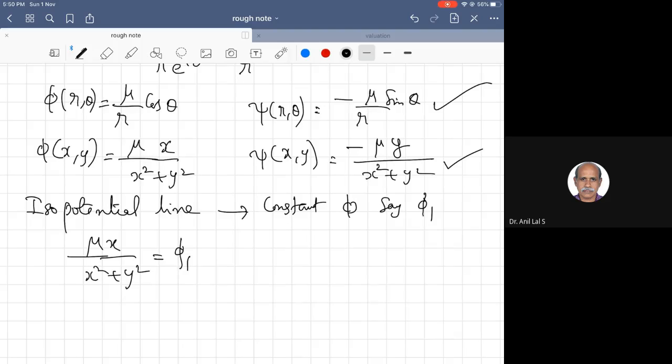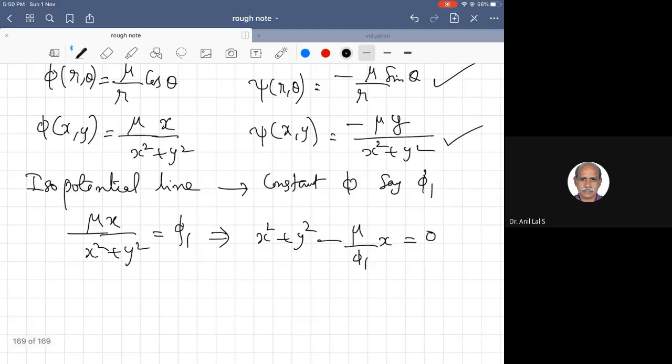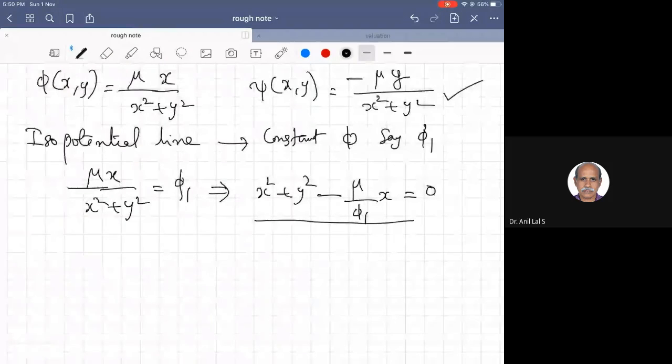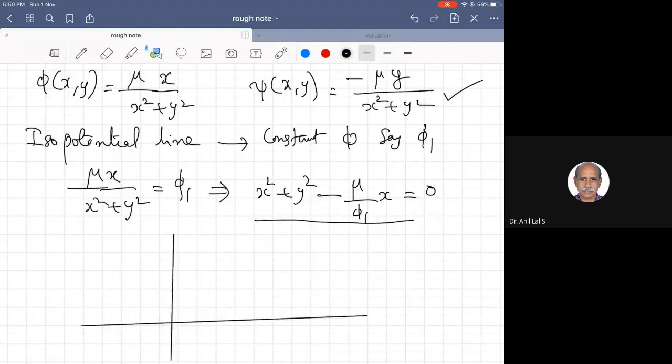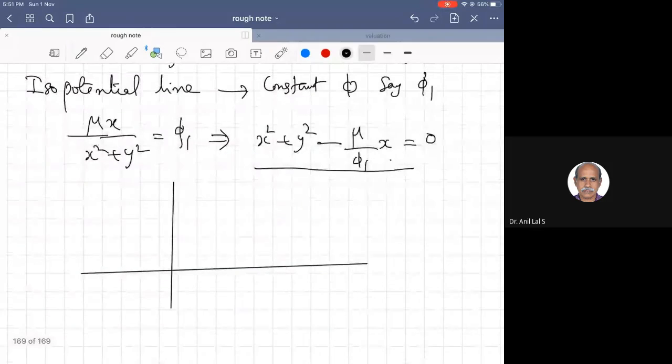So this implies x squared plus y squared minus mu by phi 1 x is equal to 0. So this is a circle. This is a circle with the center on the x-axis.